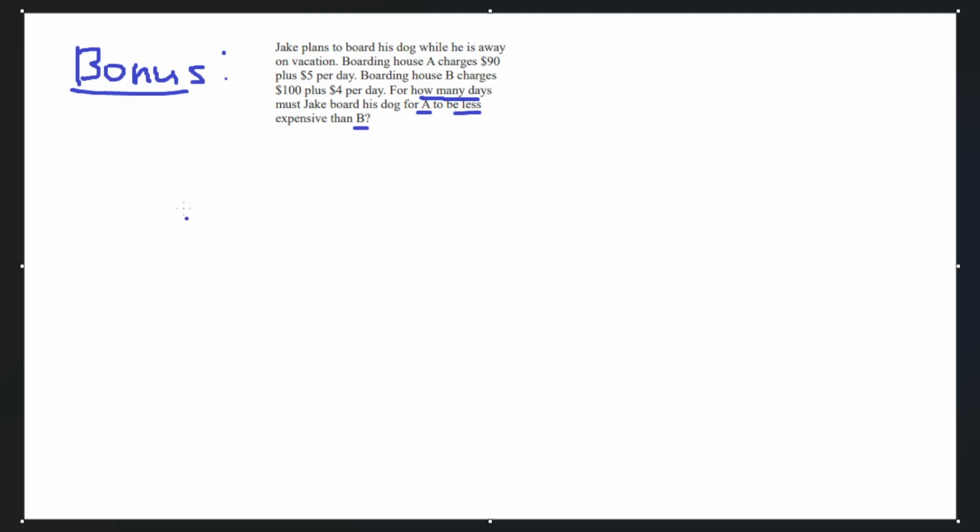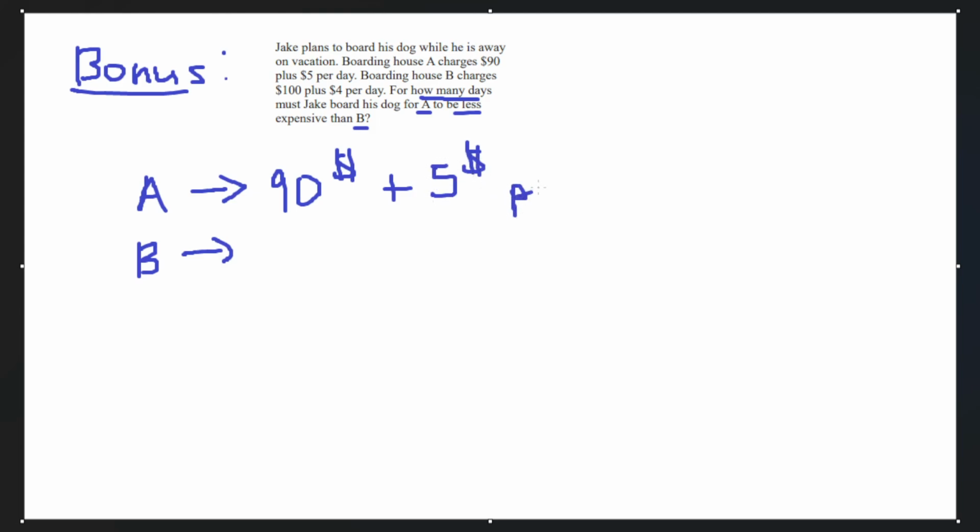So here's the information that we know: there's an amount for boarding house A to board Jake's dog, and then an amount for boarding house B. We know that A is $90 plus $5 per day.